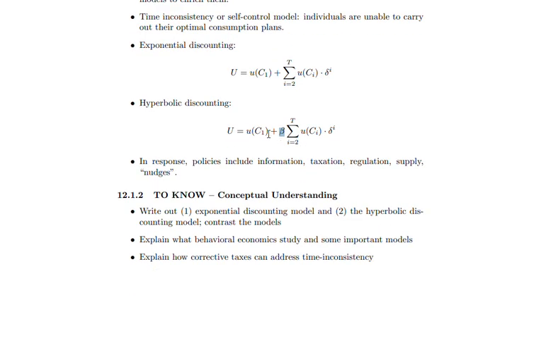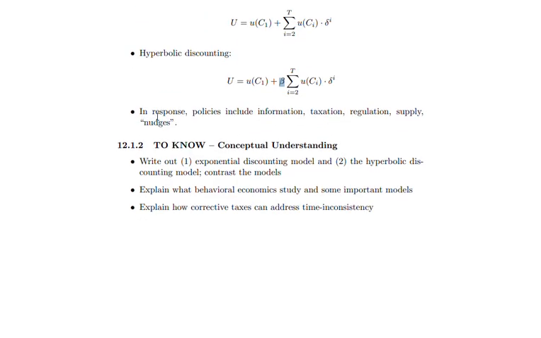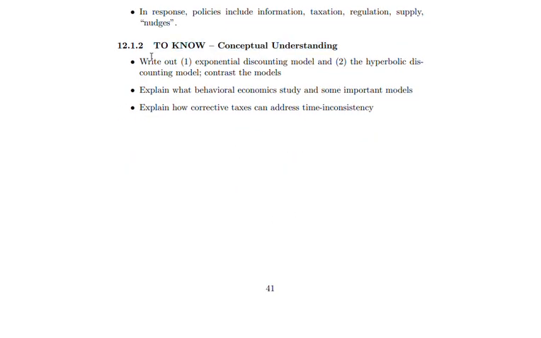So we introduce a new variable beta to describe this phenomenon. In response, policies include information, taxation, regulation, supply, and nudges. What is a nudge? It is to let people do something. It's called nudges.